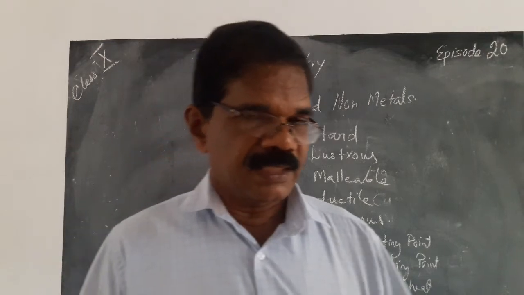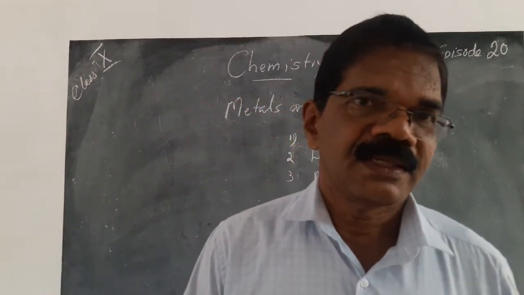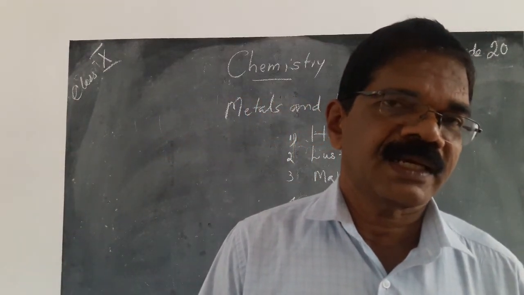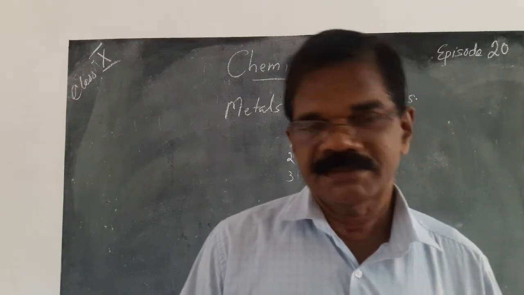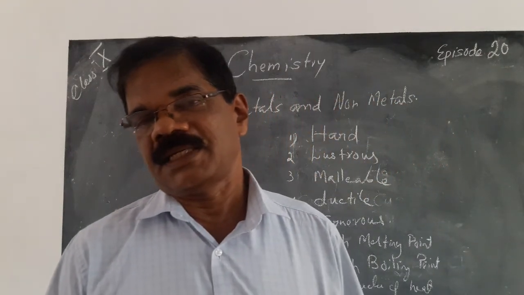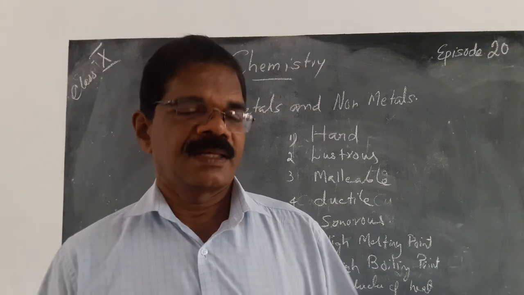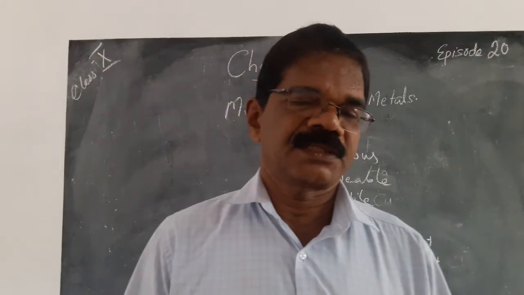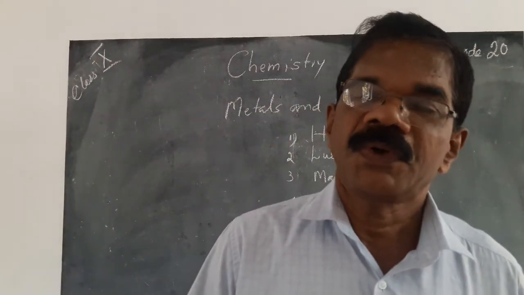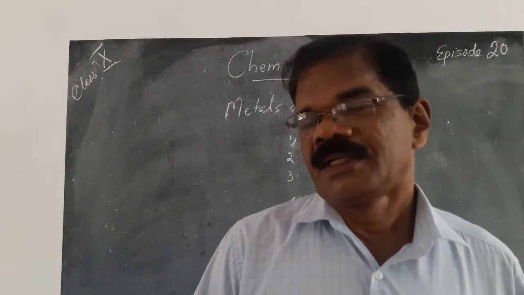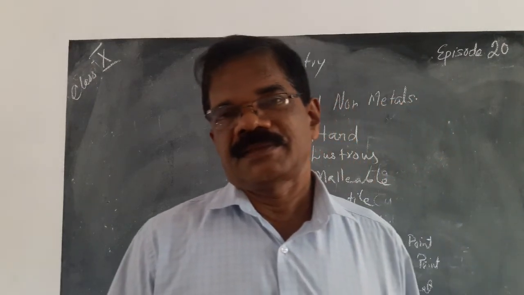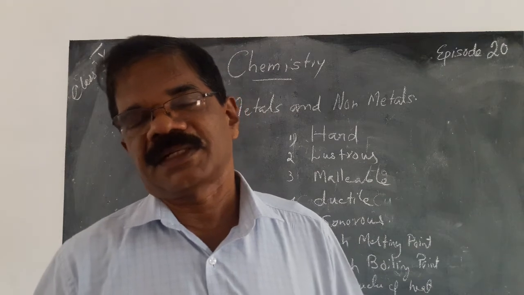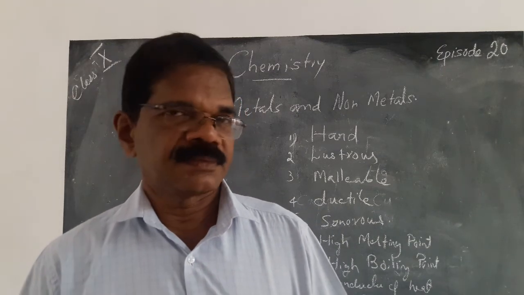These are the common properties you can see in the case of metals. The first thing you have to do is look in your home and kitchen, where there are a variety of metals. You can see the finger ring, which is made of gold. Gold and silver are the metals used for making ornaments.